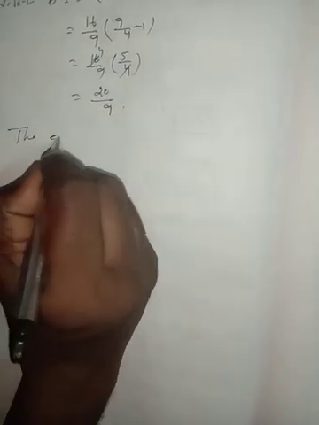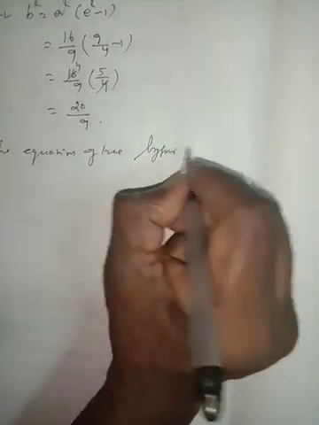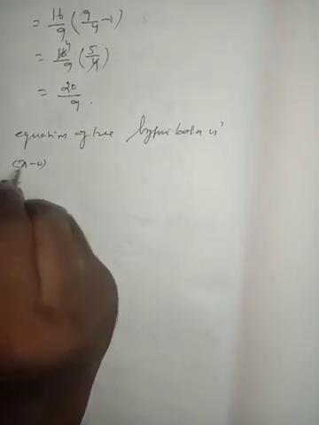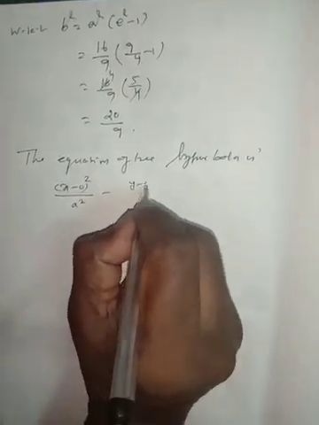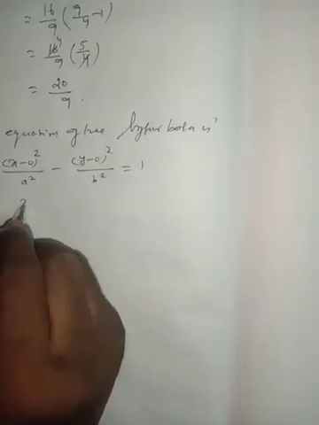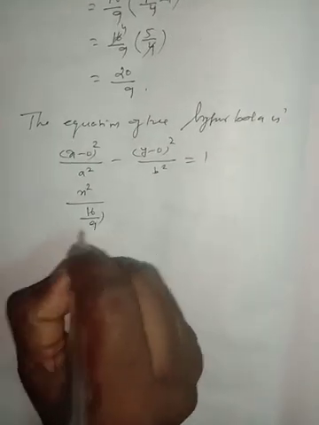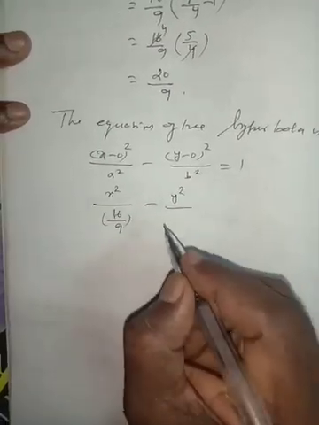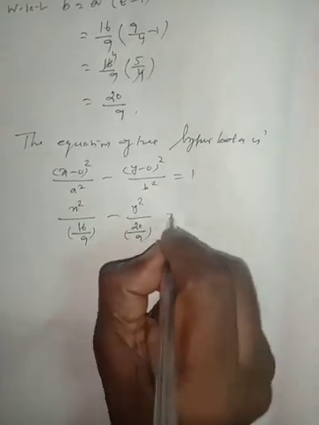The equation of the hyperbola is (x minus 0) whole square divided by a square minus (y minus 0) whole square divided by b square is equal to 1. x square divided by 16 by 9 minus y square divided by 20 by 9 is equal to 1.